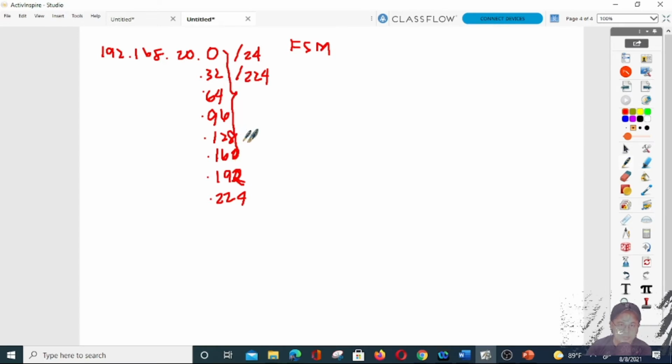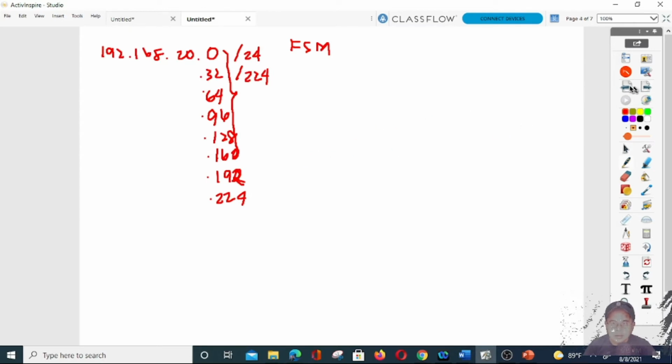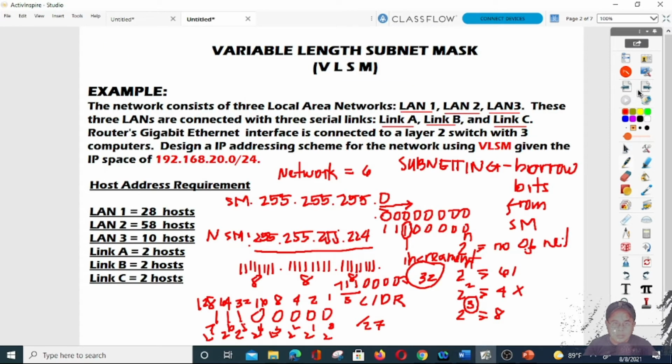Applying the VLSM concept, in applying VLSM, we should always start with the highest number of hosts.